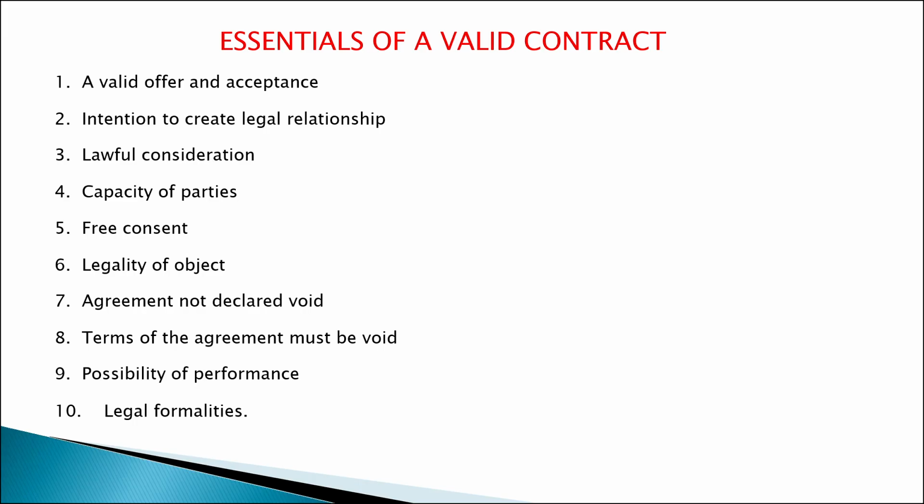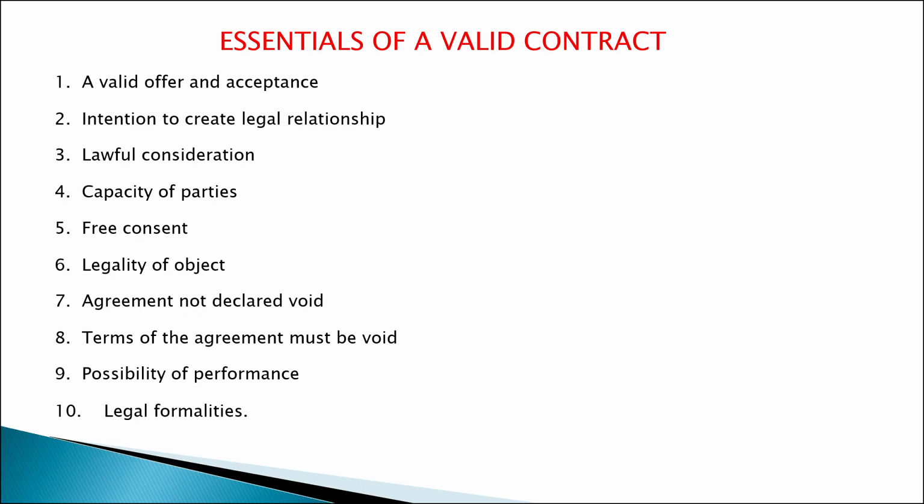The acceptance must be given in accordance with the prescribed mode and before the offer lapses. Next one is intention to create legal relationship. The intention of the parties to a valid contract must be to create a legal relationship between them.